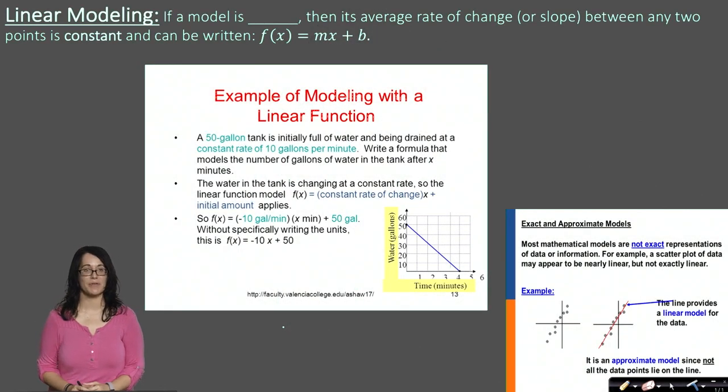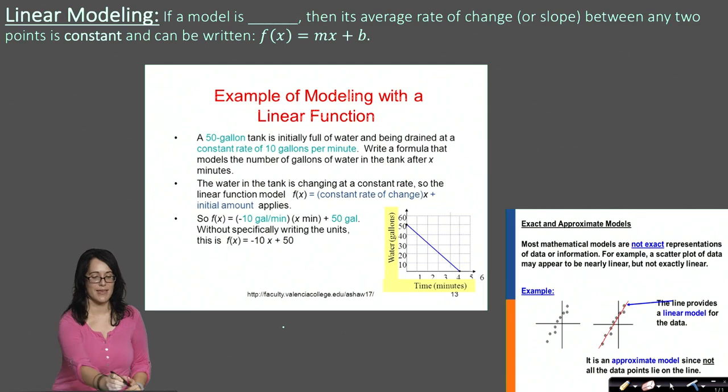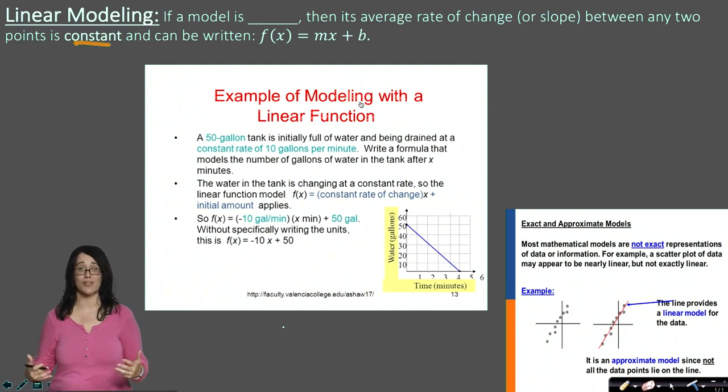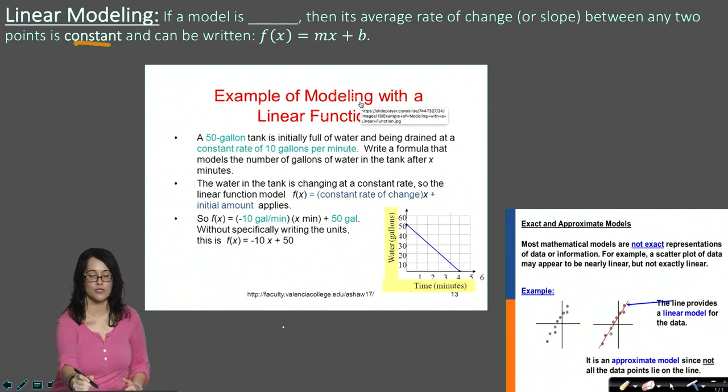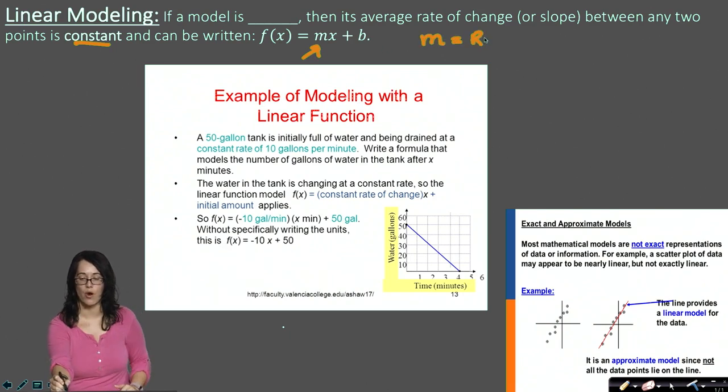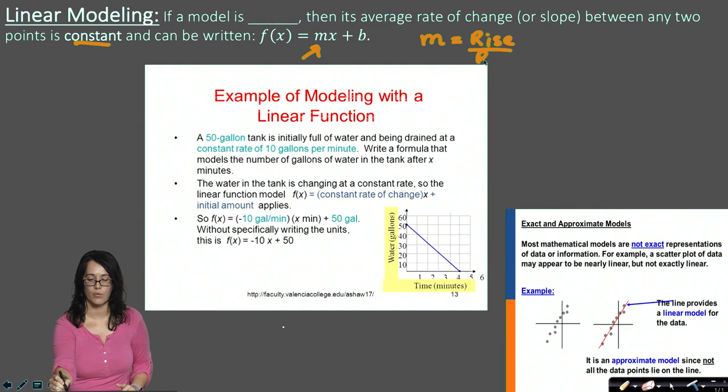To begin, I wanted to remind you that to be a linear model simply meant that your average rate of change between your y-coordinates, your outputs, for a fixed constant number of inputs, or x values, has to remain constant. If that's true, we say that we have a constant rate of change known as slope, where slope was really your rise over your run, or your change in y values, y2 minus y1, over your change in x values, x2 minus x1.